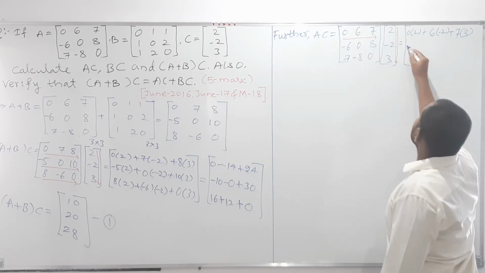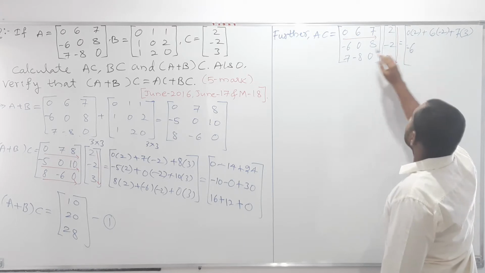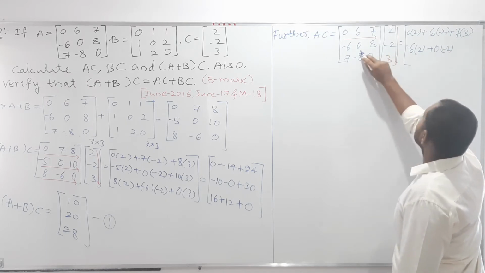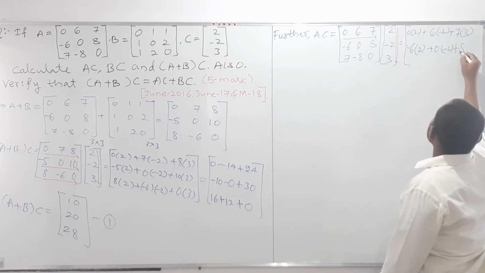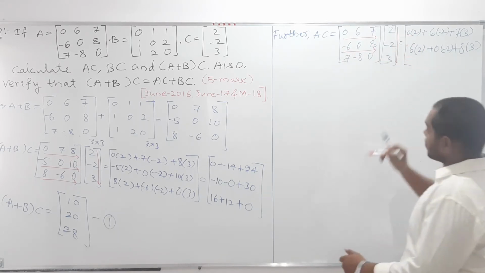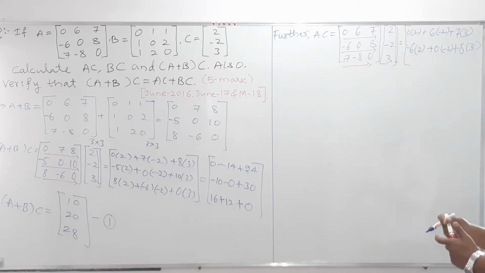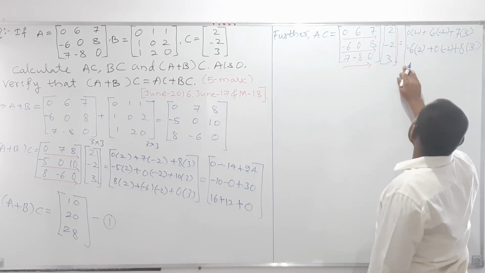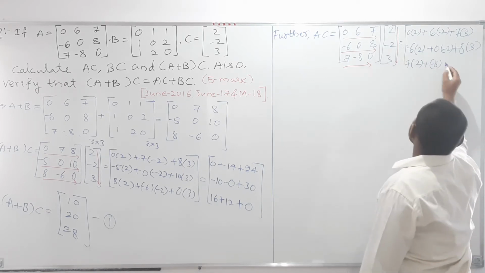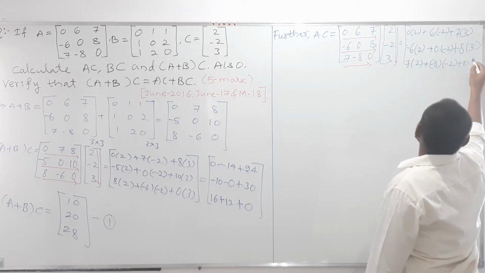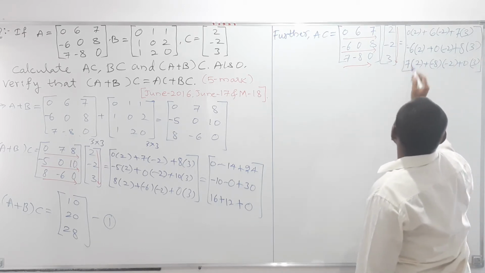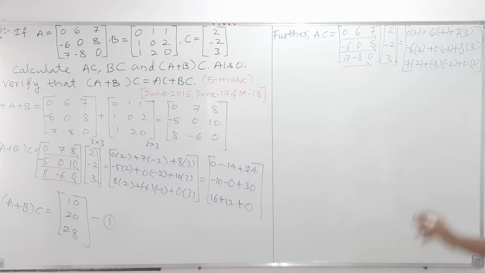Next, my dear students, minus 6 into 2 plus 0 into minus 2 plus 8 into 3. That is second row, this column. Next, third row, this. Next, that is 7 into 2 plus minus 8 into minus 2 plus 0 into 3. After multiplying you will get this AC.